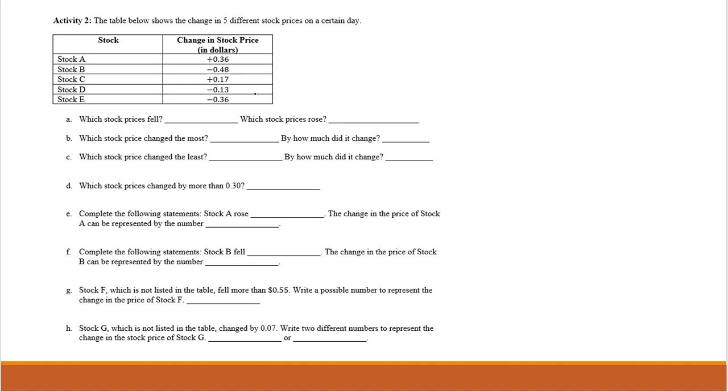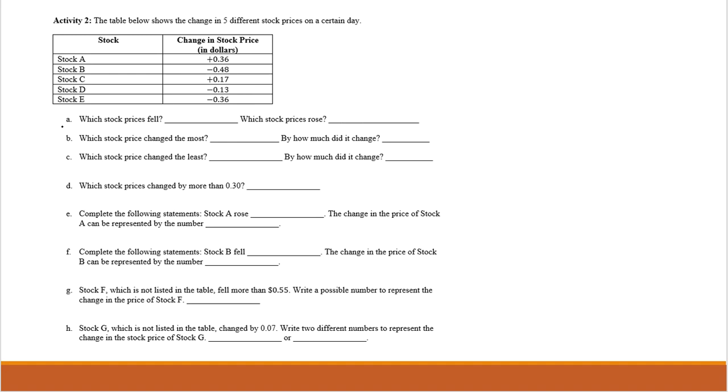Stock D was at a loss of 13 hundredths. And stock E was at a loss of 36 hundredths. Now, when we talk about hundredths in the decimals, that's where money is, right? So this is 36 cents, negative 48 cents, 17 cents, negative 13 cents, and negative 36 cents.